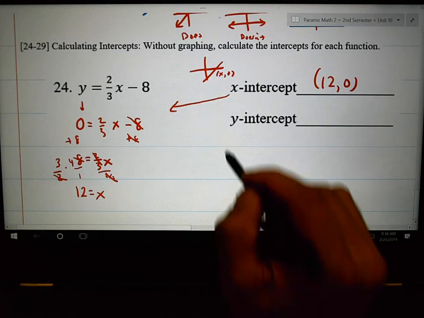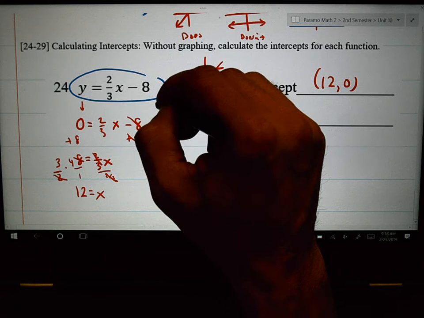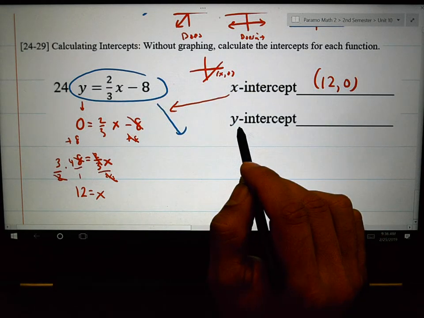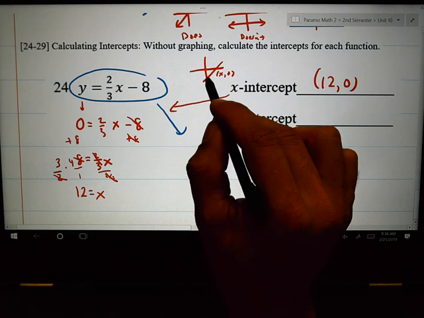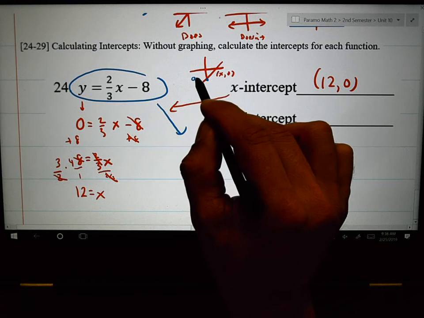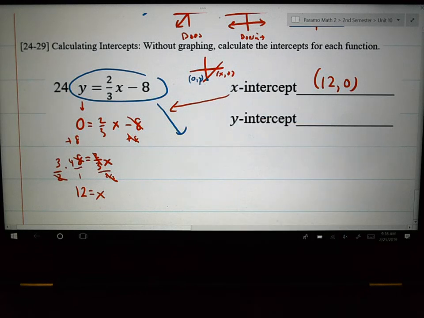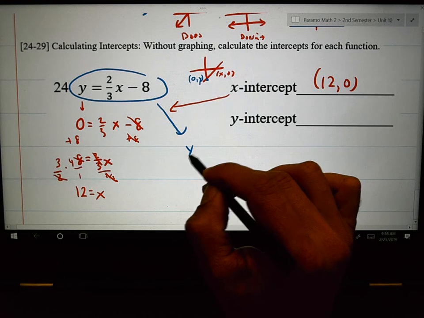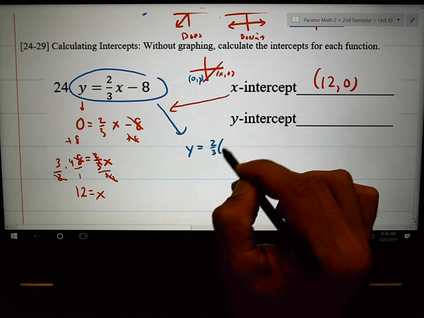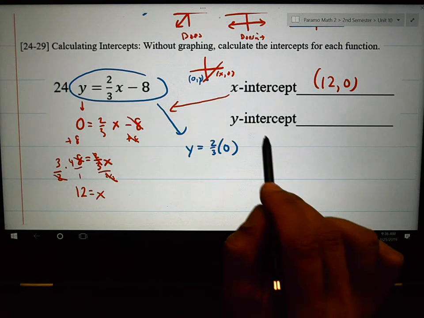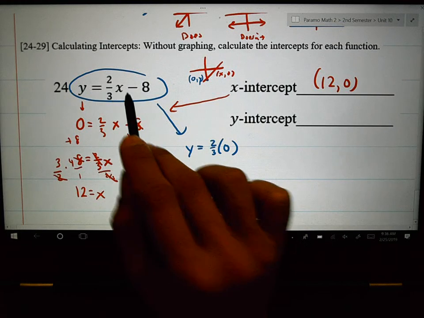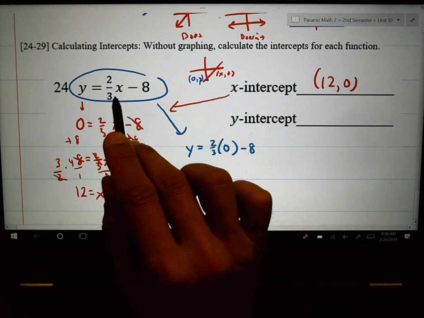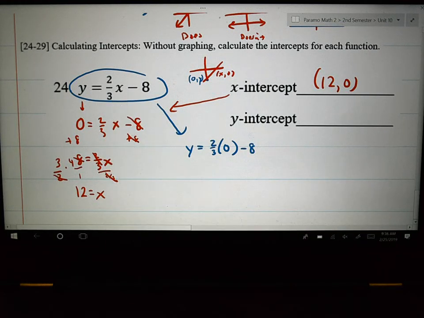Now if I wanted to find the y-intercept, the y-intercept is where the x is 0, and we got to figure out what y is. So I'm going to take this equation, I'm going to leave y alone this time, and then what I'm going to do is I'm going to plug in a 0 in for x and see what does y have to be in order for x to be 0.